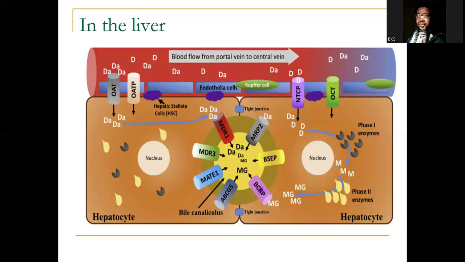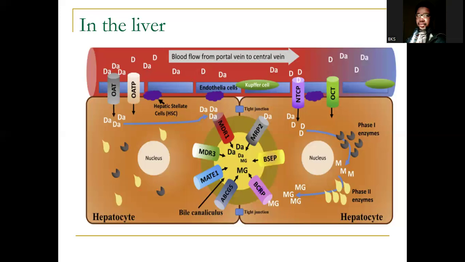And inside the liver, this is where we have the phase 1 and phase 2 enzymes. They can act on some of these xenobiotics, and after being converted to more soluble and easily excretable compounds, they can now be taken out by export transporters.